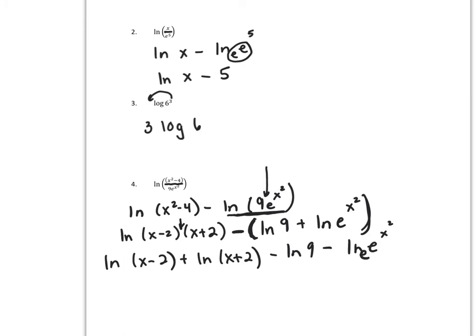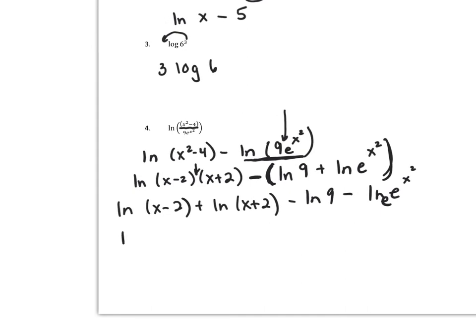But there's an e understood there, so the last term is just x squared. So this is ln of x minus 2 plus ln of x plus 2 minus ln of 9 minus x squared. And I can't do anything else to that.